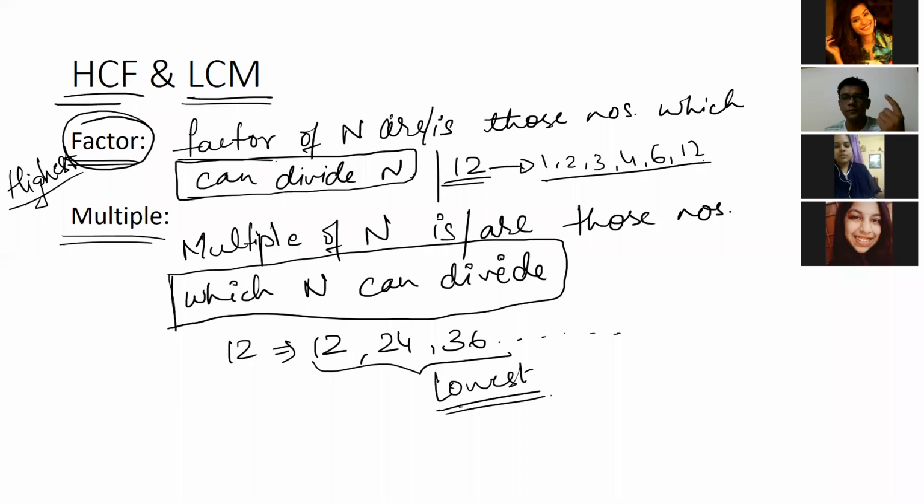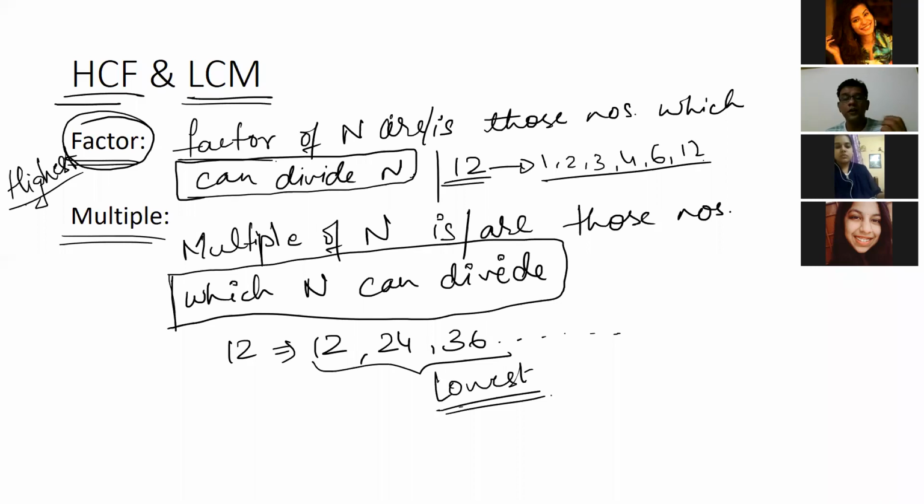So 1 becomes the lowest number. If someone asks what is the lowest common factor, it will always remain 1, no matter what you do, because 1 divides all the numbers and there is no natural number below 1 which can divide. And thus, you never find the lowest common factor, you always find the highest common factor.